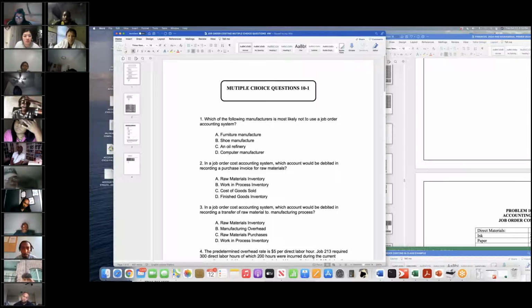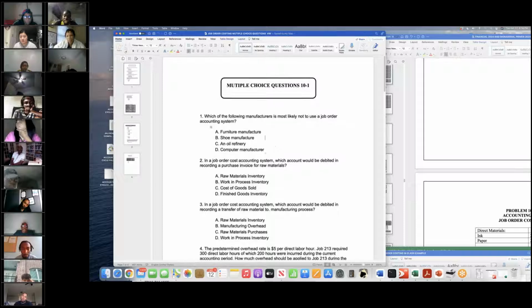Not to use, so the word is "not." Yeah, I chose C, the oil refinery, because you can't keep track of oil. You can keep track of computers, furniture, and shoes, but you can't keep track of the oil. So they're most likely to use job order.